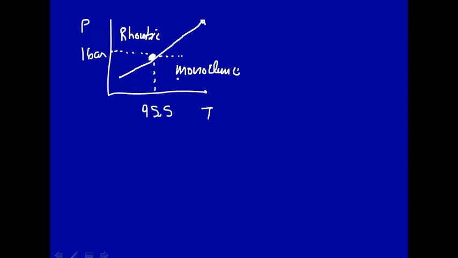So at 1 bar, if you now go up to, say, 100 degrees C, you'll be in the monoclinic. What you want to do is to increase the pressure, so now you're at the rhombic. So the rhombic will be the stable phase. So we want to have a pressure change to bring this point at 1 bar and 100 degrees from the monoclinic up into the rhombic phase.